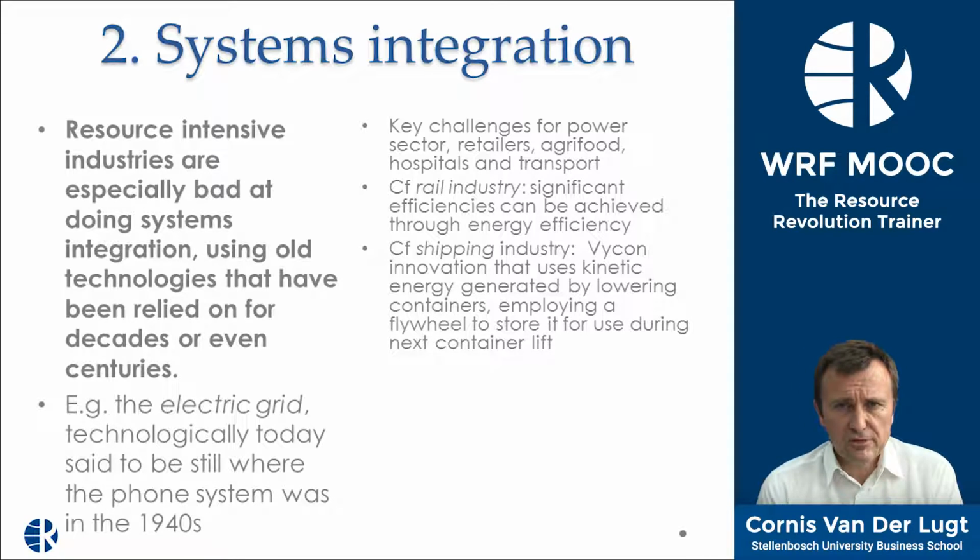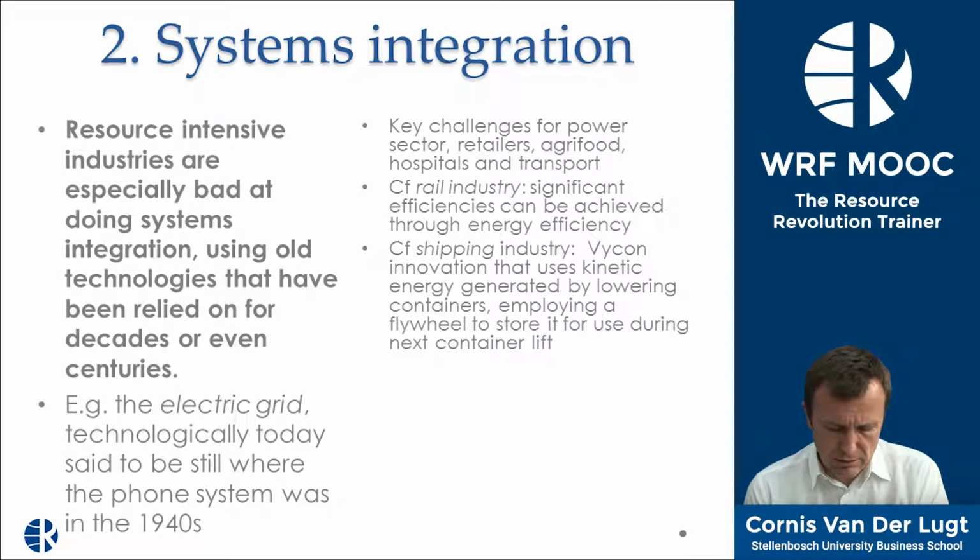The power grid, for example, still relies on customer complaints to send out maintenance teams and to go and do repairs in a reactive manner wherever repairs are required. Similar inefficiencies can be found, for example, in irrigation in agriculture.